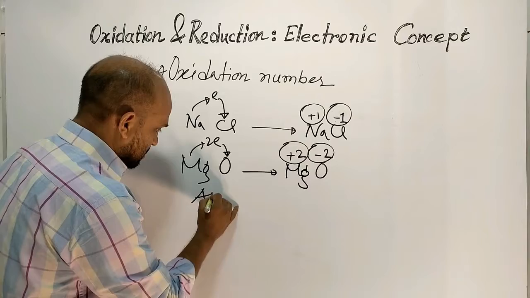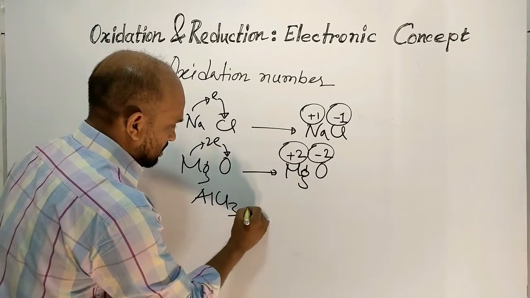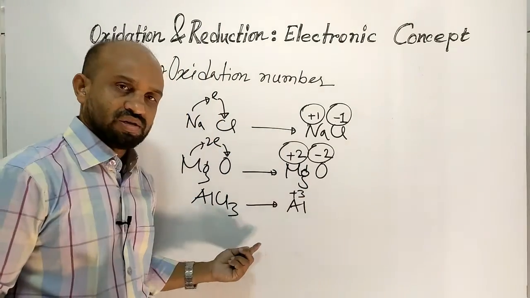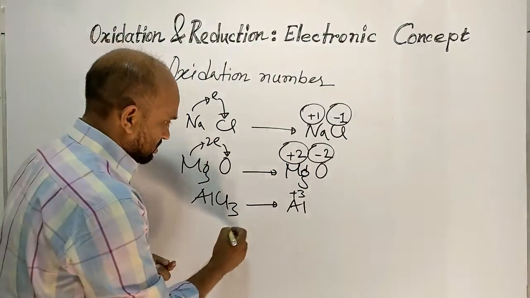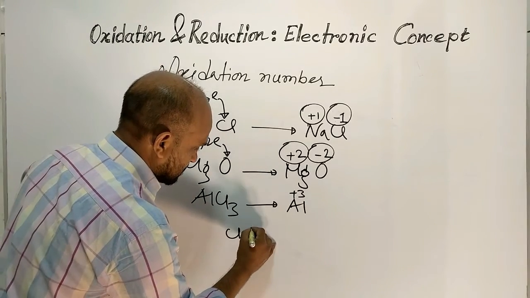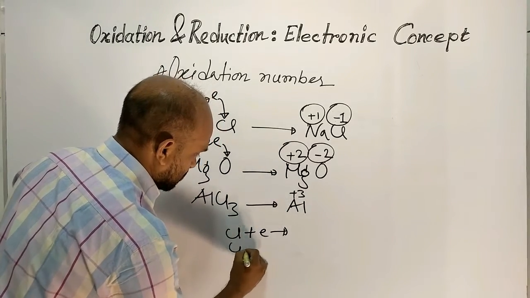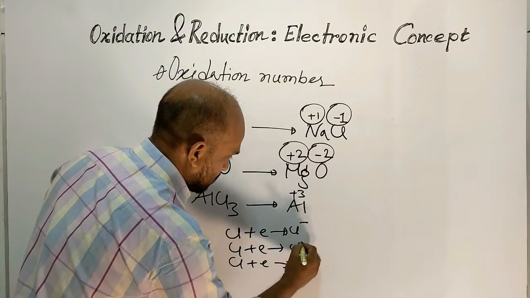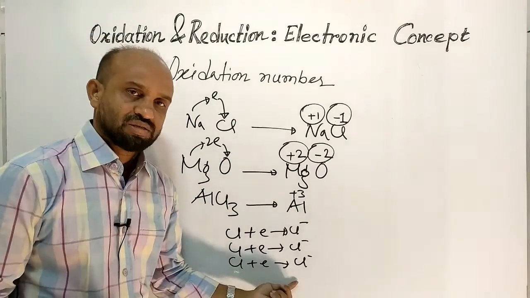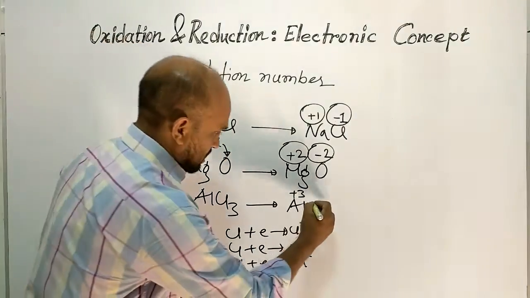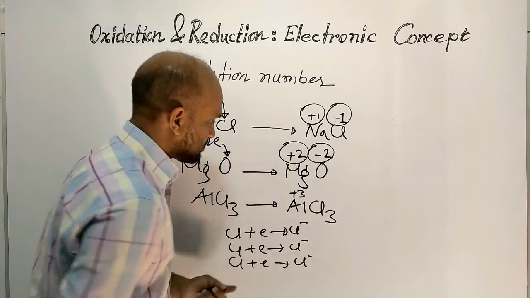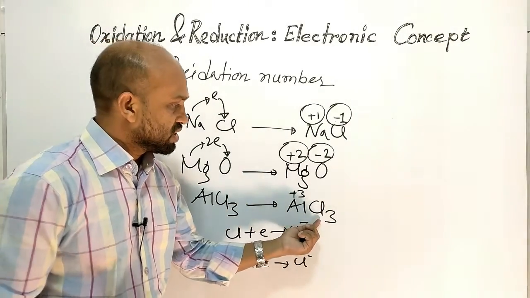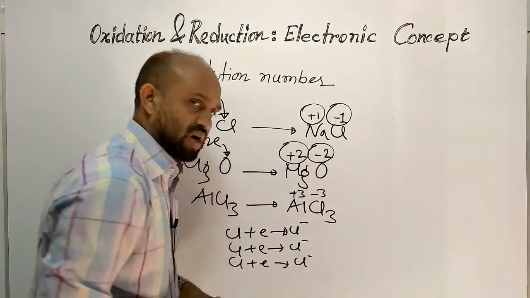In aluminum chloride, aluminum donated 3 electrons, that is why +3, and these 3 electrons are accepted by 3 chlorine atoms. Chloride ions are formed. So in aluminum chloride, the charge of aluminum is +3. Chlorine is not -3.